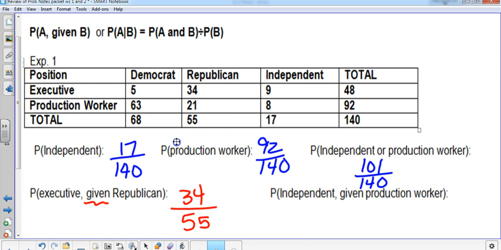Okay. And this one is given that we have chosen a production worker, so I already know I'm out of 92 people. What's the chance that we picked an independent was 8, which needs to reduce as well. All right. More on this tomorrow. No, Wednesday after the quiz.